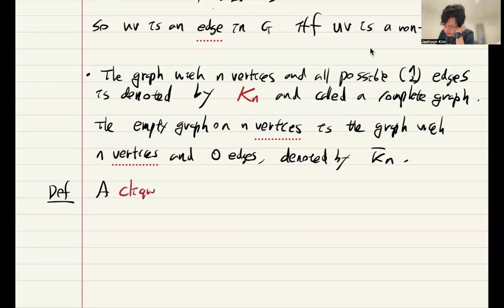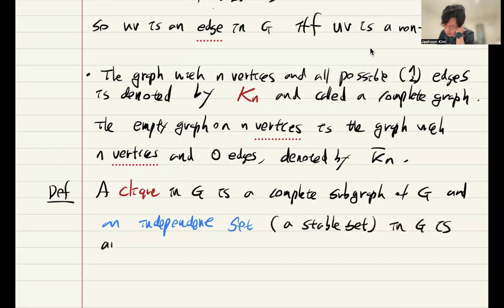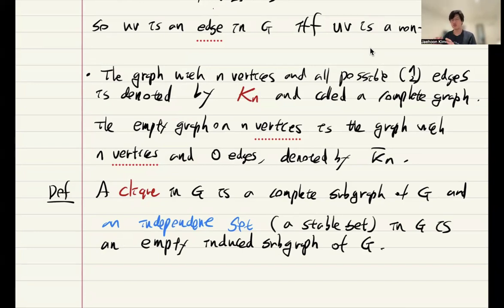We say a clique in G is a subgraph which is a complete subgraph of G, and an independent set, or sometimes called a stable set, in G is an empty induced subgraph of G. In other words, a clique is a collection of vertices where all the pairs are adjacent, and an independent set is a collection of vertices where all the pairs are not adjacent.